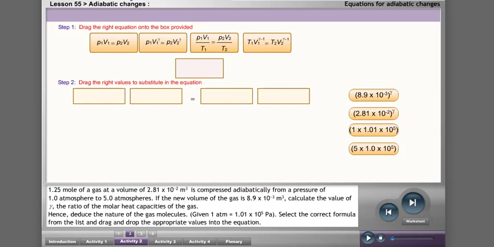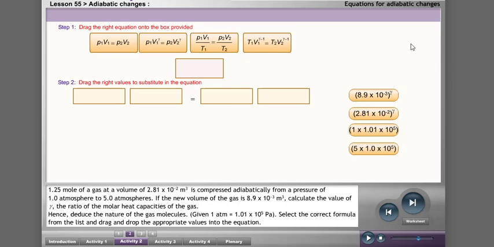1.25 mole of a gas at a volume of 2.81 times 10^-2 m³ is compressed adiabatically from a pressure of 1.0 atmosphere to 5.0 atmospheres. If the new volume of the gas is 8.9 times 10^-3 m³, calculate the value of γ, the ratio of the molar heat capacities of the gas.